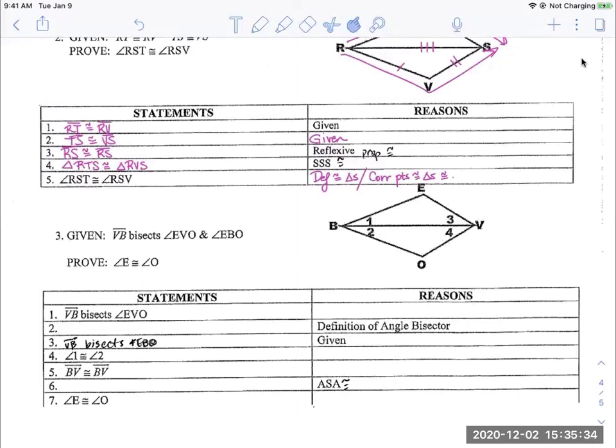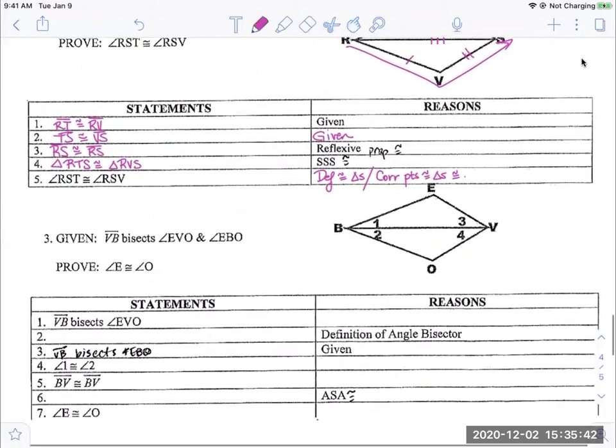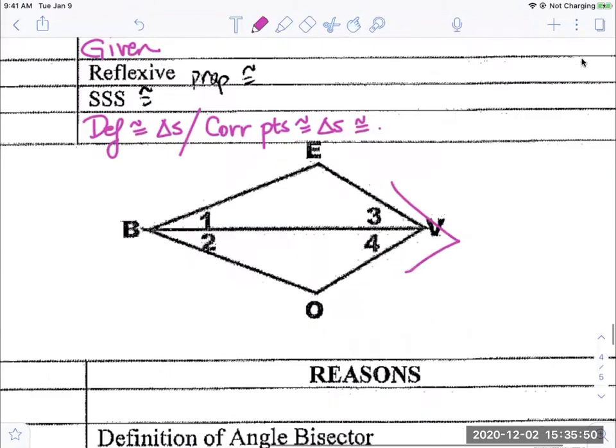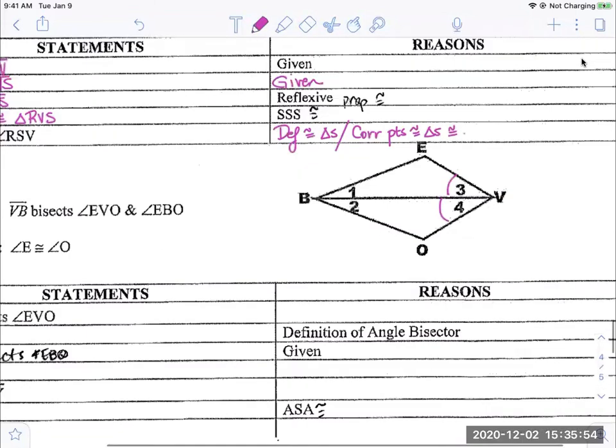All right, the last problem says segment VB bisects angle EBO. Okay, that's a given. Definition of angle bisector means that this angle is cut into two congruent parts. That's going to tell us angle 3 and 4 are congruent.